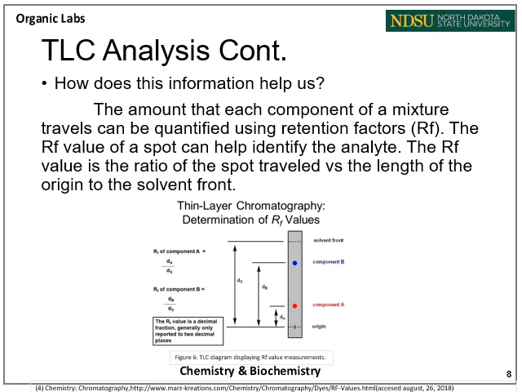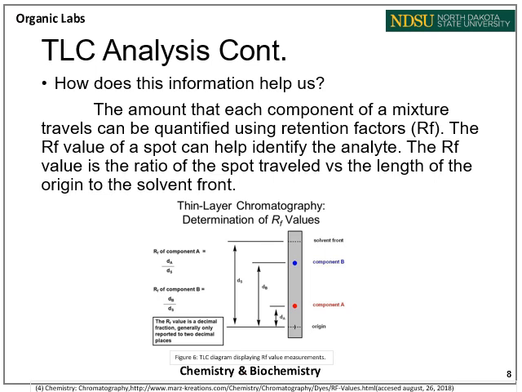The amount that each component of a mixture travels up the TLC slide can be quantified using retention factors, or RF for short. The RF value of a spot can help us identify these unknown analytes. The RF value is the ratio of a spot traveled versus the length of the origin to the solvent front.